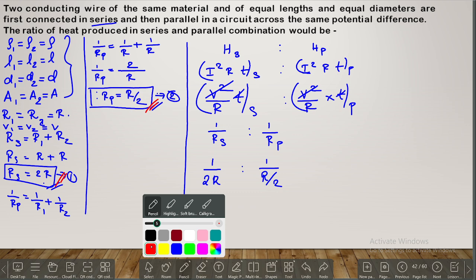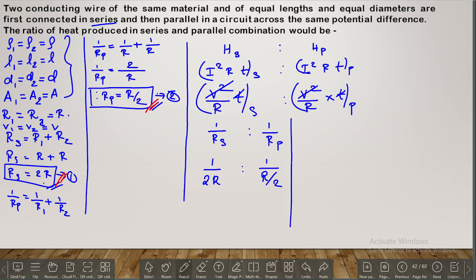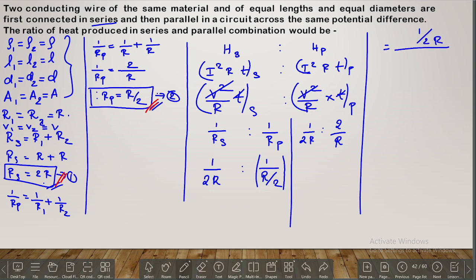Now 1 by R by 2 is 2 by R, rearranged into normal form. Then how can I write this? That will be equal to 1 by 2R, the whole divided by 2 by R. So 1 by 2R into R by 2.